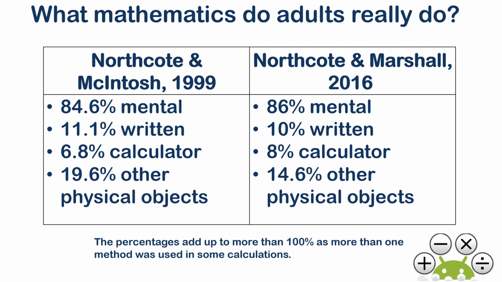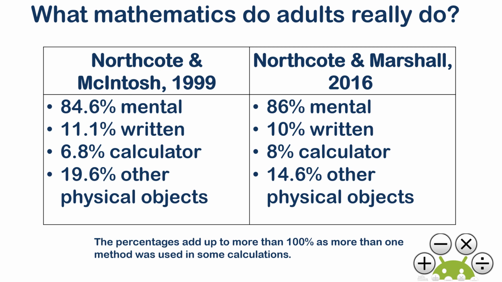Again, the comparison between Northcote and McIntosh in 1999 and Northcote and Linda Marshall in 2016: about the same percentage of people in both periods used mental computation most of the time, at least 85% of the time. About the same number, about 10%, used written computations.